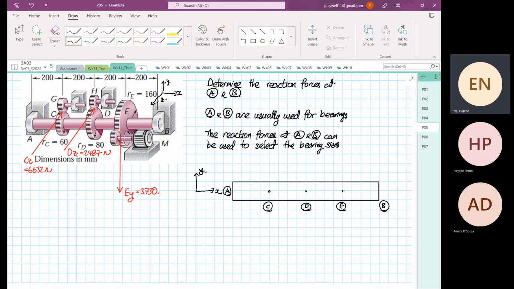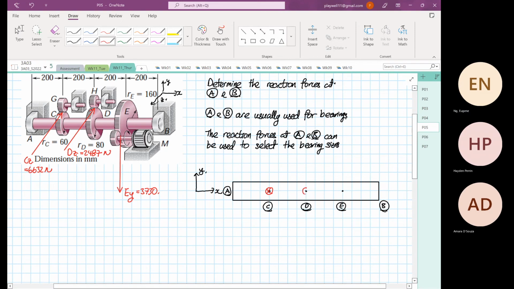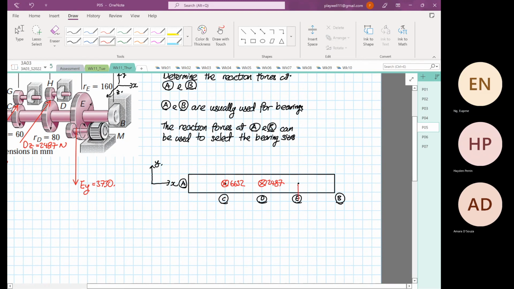Let me use red, like what I taught you before. This is 6632. This is 2487. And at point E, we have a force coming down, and this is 3730. At B, the forces will be going up, and at A, the forces will also be going up to support the load.